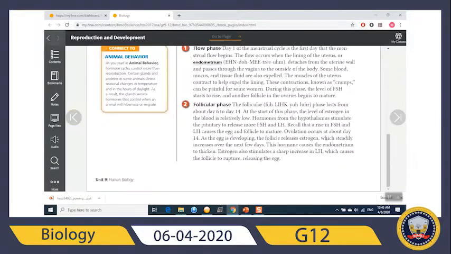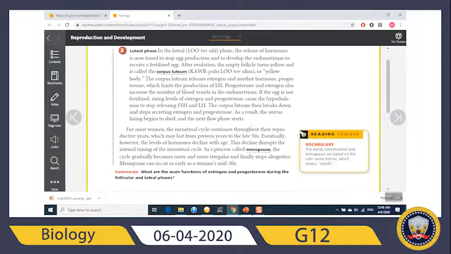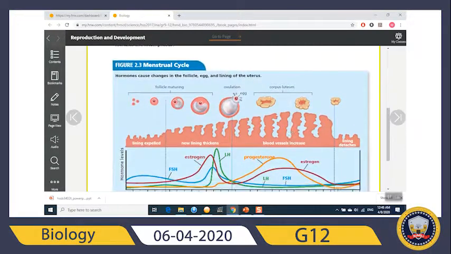Now, the third phase is the luteal phase. In this phase, what will happen is the release of hormones. The LH, FSH and estrogen will drop. LH and FSH will drop almost completely.